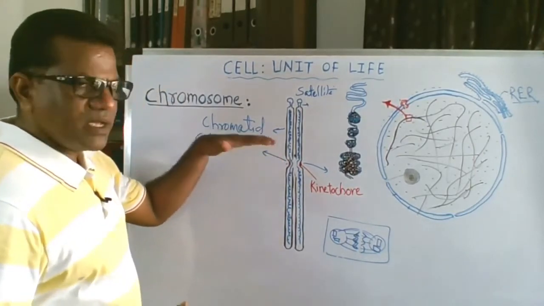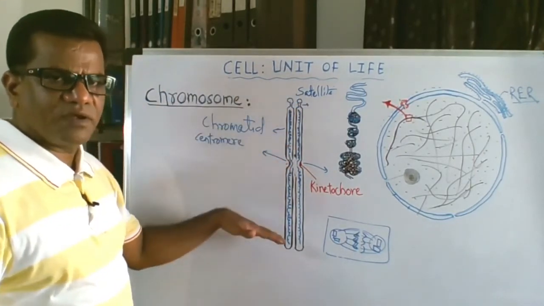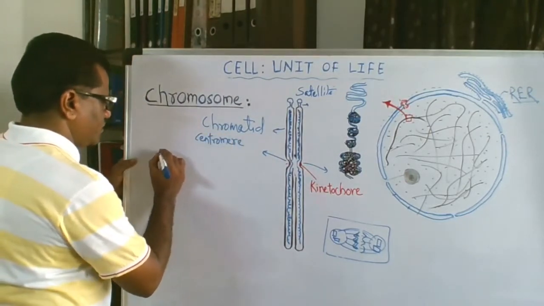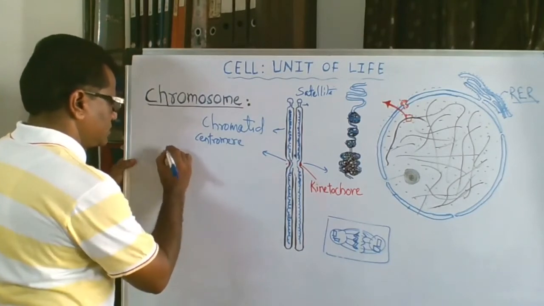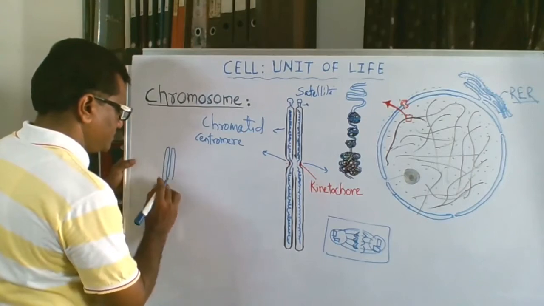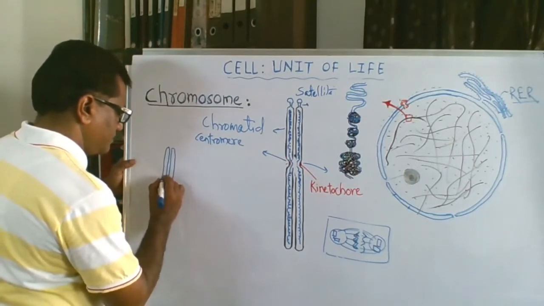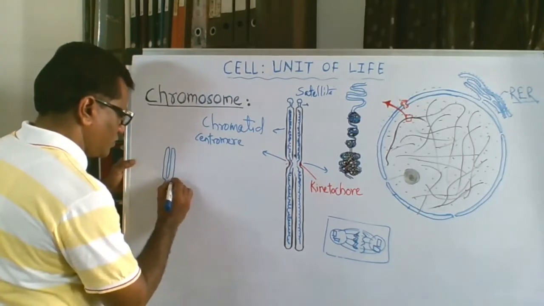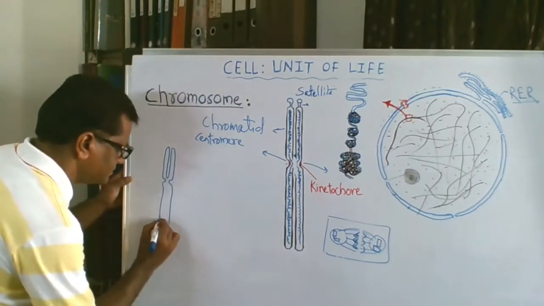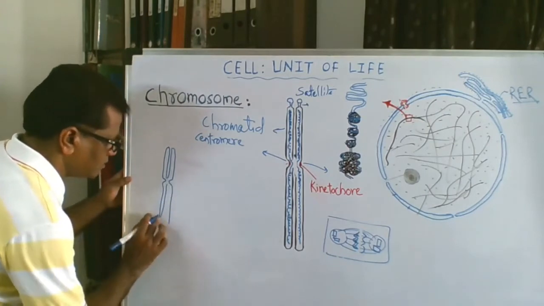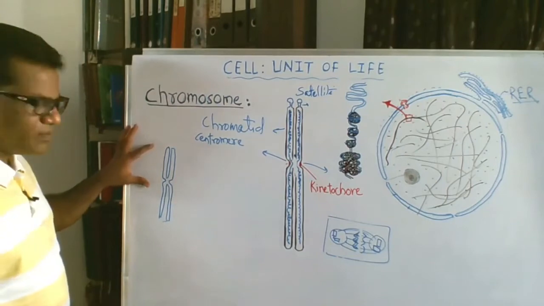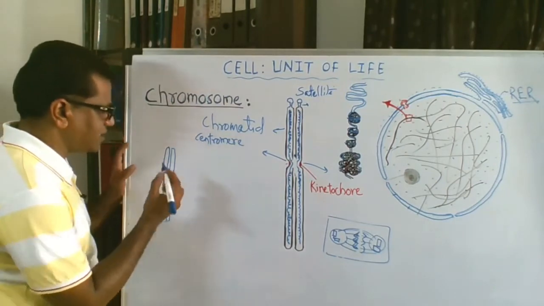The centromere may be present at different positions. Depending on that, the chromosomes may be of different types, and we will draw the types of chromosomes here, based on the position of the centromere. Now suppose this is a type of chromosome in which the centromere is exactly at the center.